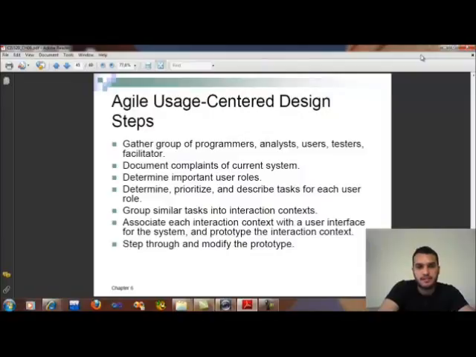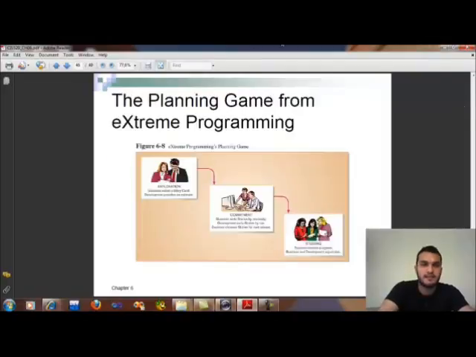Associate each interaction context with a user interface for the system, and prototype the interaction context. Step through and modify the prototype. And here, the planning game from extreme programming.